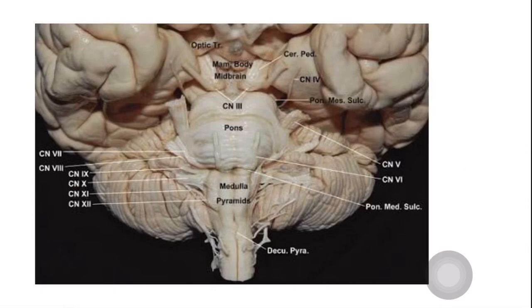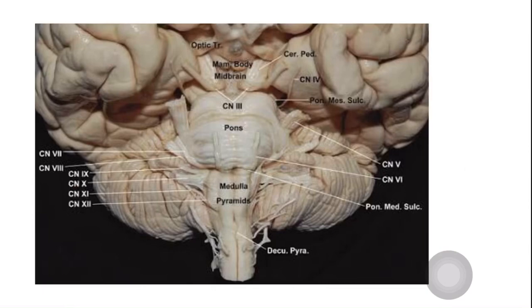Now we will see another lovely picture. Here you can see everything: which one is the pons, which one is the medulla, clearly seen with the midbrain, and on both sides you have the cerebellum. So the brainstem is connected to the cerebellum. The medulla is connected with the cerebellum via the inferior cerebellar peduncle. This peduncle is formed by nerve fibers.